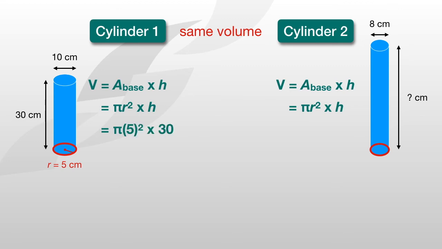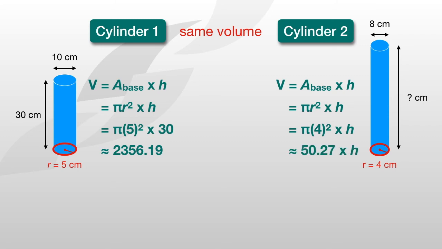Substituting into our first formula shows that the volume of the first cylinder is approximately 2,356.19. The second cylinder has a diameter of 8 centimeters, so its radius is 4 centimeters. This time, when we substitute in the formula, we get an algebraic expression, 50.27 times h. We were given that the two volumes are the same, so we can make these two expressions equal.